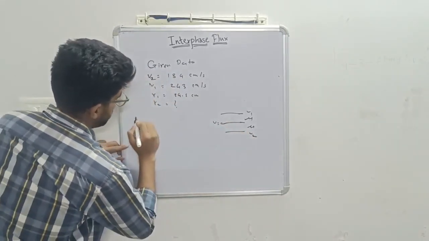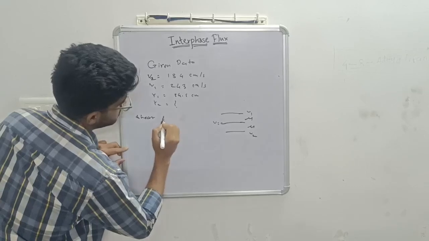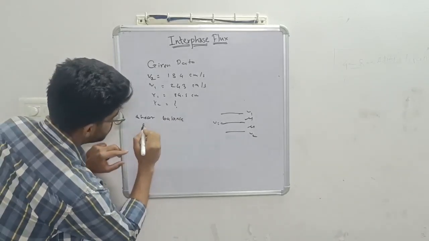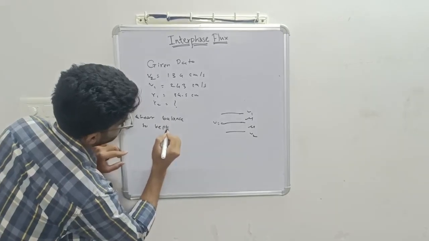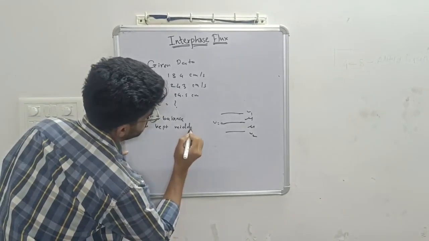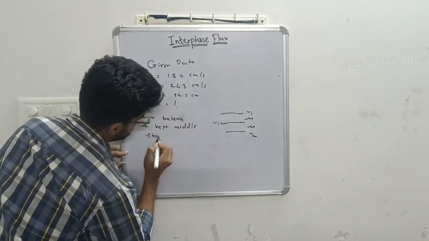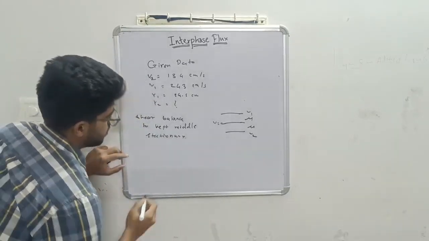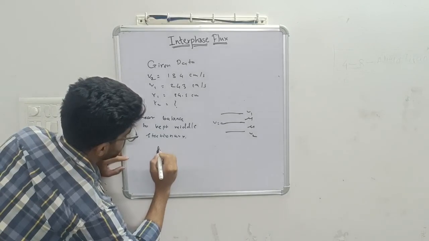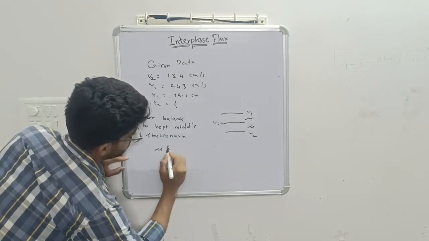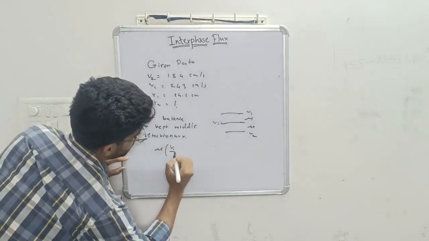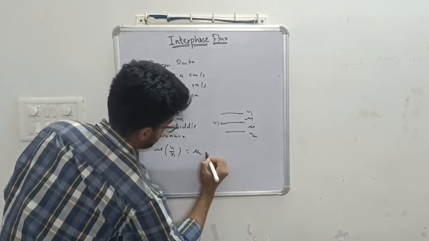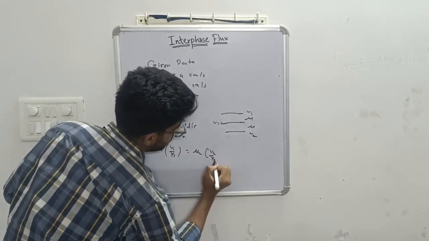By shear balance, to keep the middle plate stationary, we are applying the formula mu V1 upon Y1 is equal to mu V2 upon Y2.